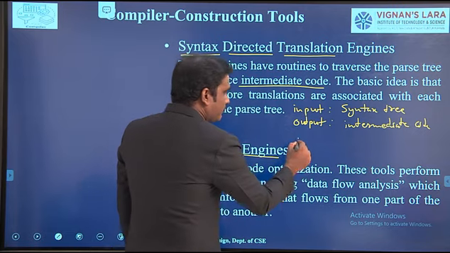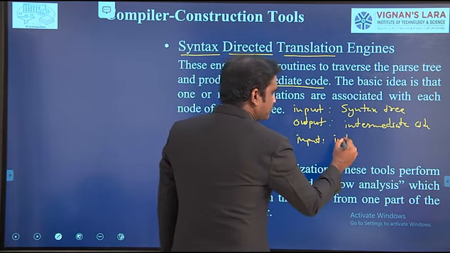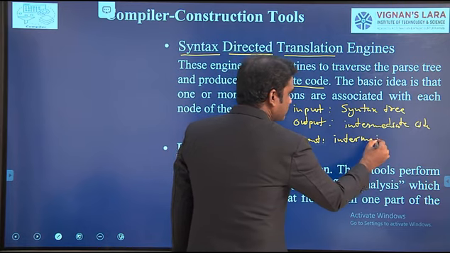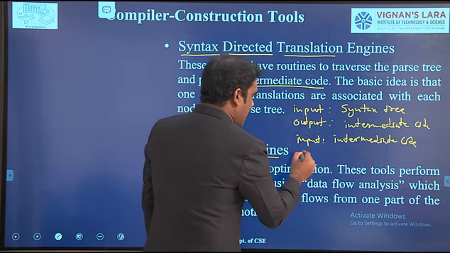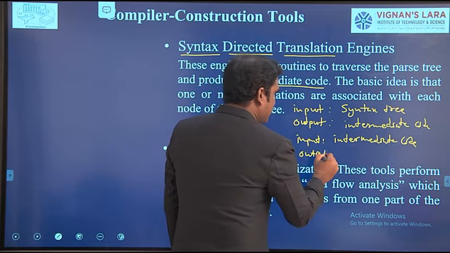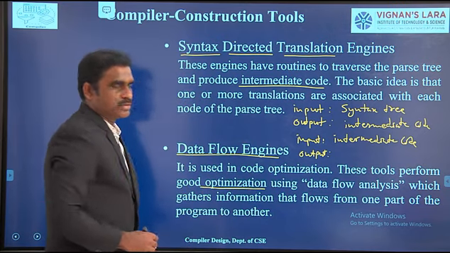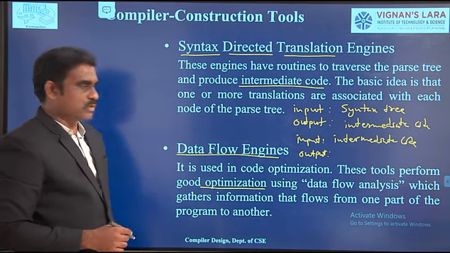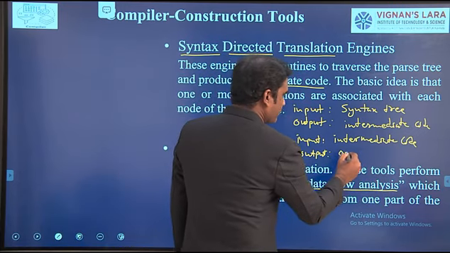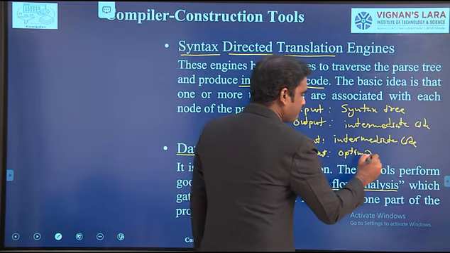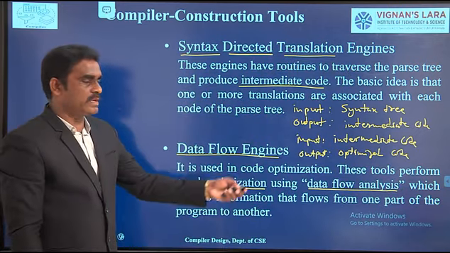In this case, the input is intermediate code, and the output is optimized code, by using the data flow analysis tool.